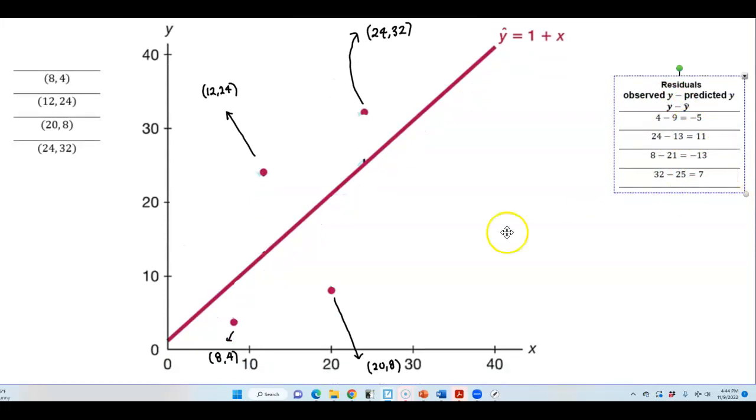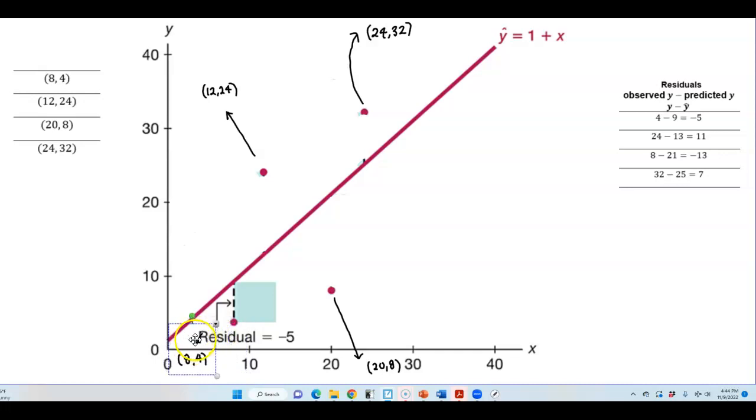This represents the first ordered pair, 8, 4, and you notice that we have the residual of -5.